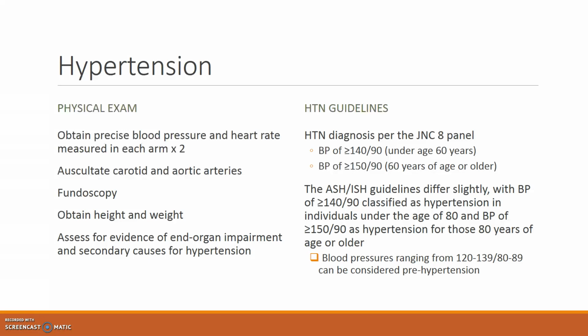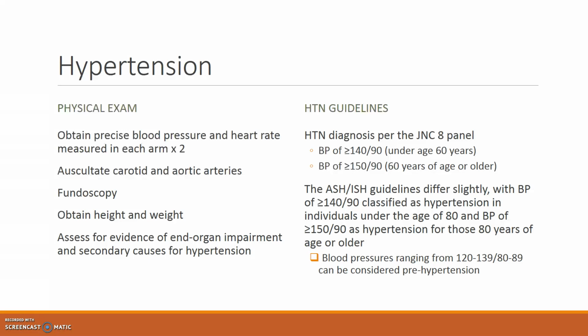So you really need to think about the logistics of taking that blood pressure or having the nurse take it correctly. In your physical exam, you want to auscultate carotid and aortic arteries. Fundoscopy is important. I know that as a novice, it is not so easy to do, but find out if they have an eye exam annually, and then just keep practicing.